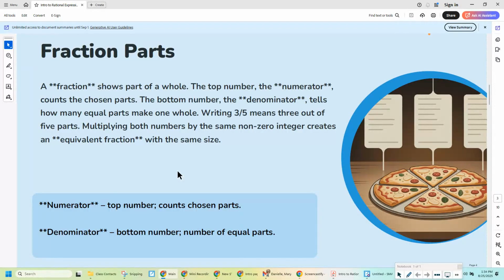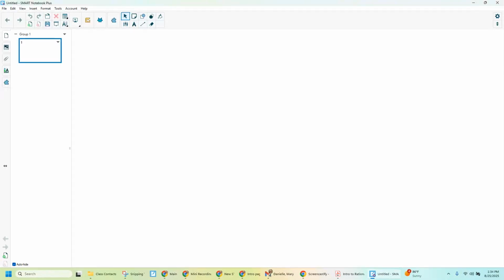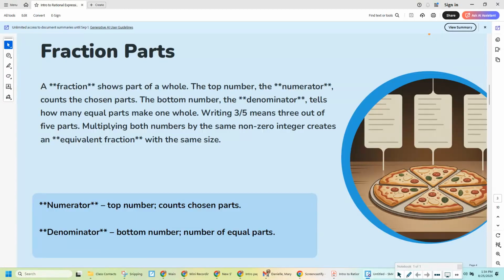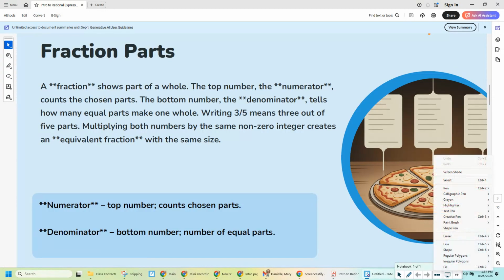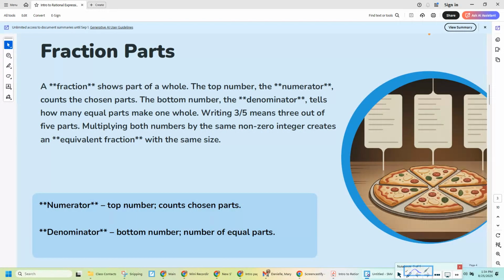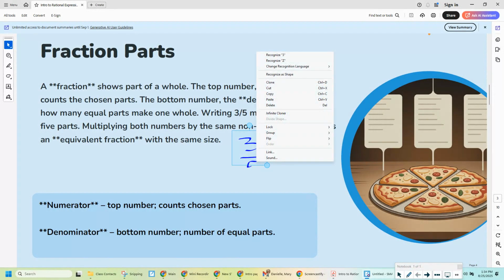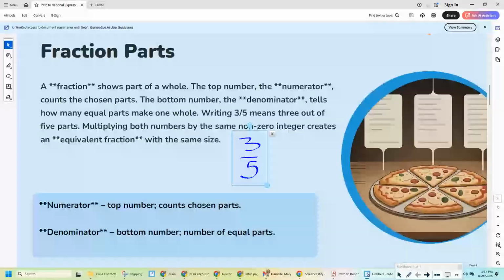So let's take a look at an example for that, because that's very important as well. Take a look at what we're talking about: if we multiply both numbers by the same non-zero integer, it creates an equivalent fraction.